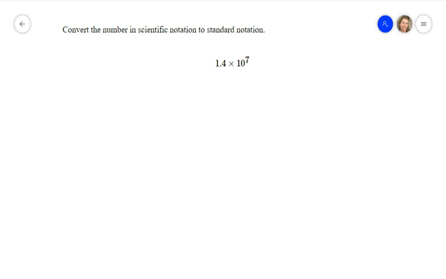Whenever a number is in scientific notation, it is always the product, that means multiplication, between a number that is between 1 and 9.9 repeating.